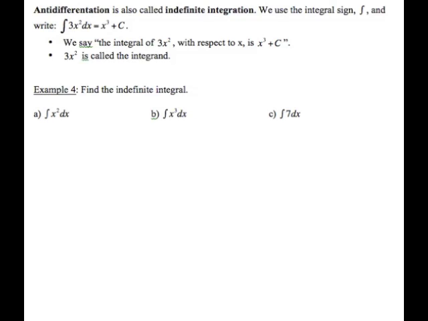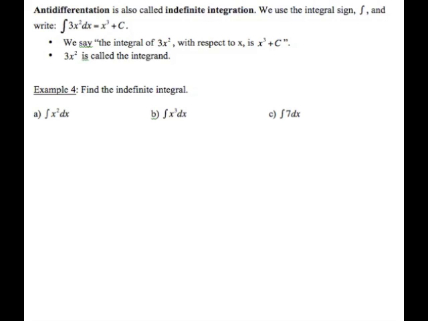We can also call an antiderivative an indefinite integral. So that process of antidifferentiation is the same as integration. And indefinite is the word we use when we don't have any bounds. So attached to that integration sign, we don't see any numbers telling us the bounds of integration. That's what we mean by indefinite.